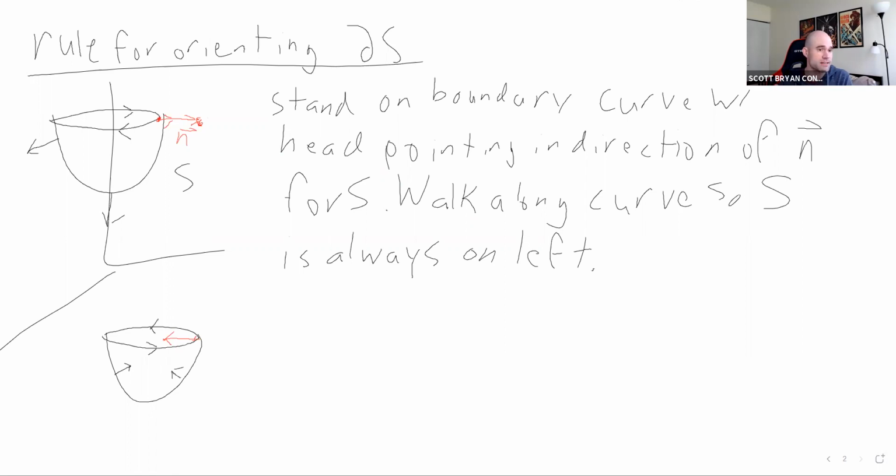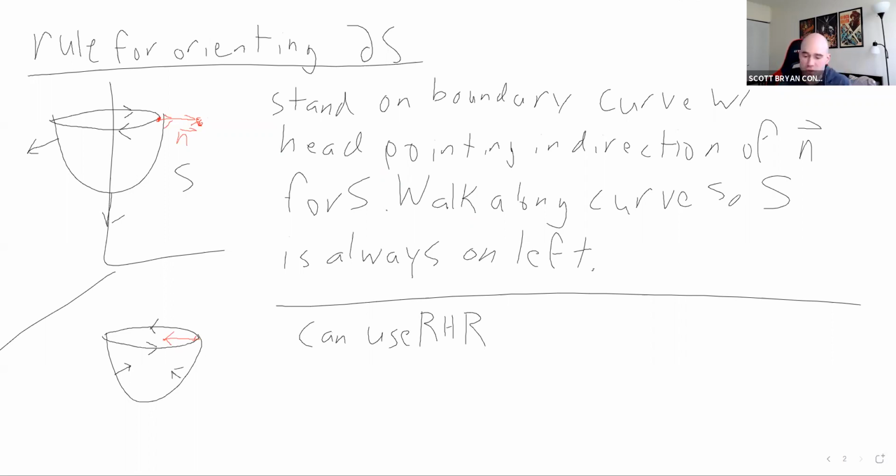It takes a bit of practice to visualize some of this, and some surfaces are easier than others, I will admit. There is another rule you can use, and I find this to be easier when it's applicable.